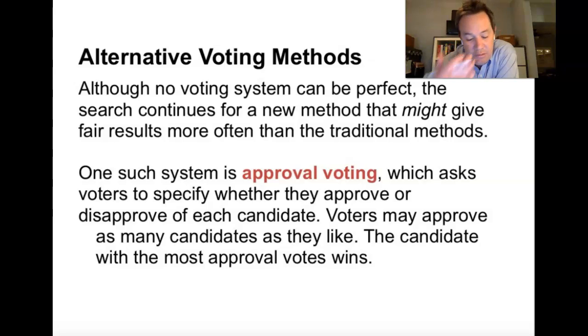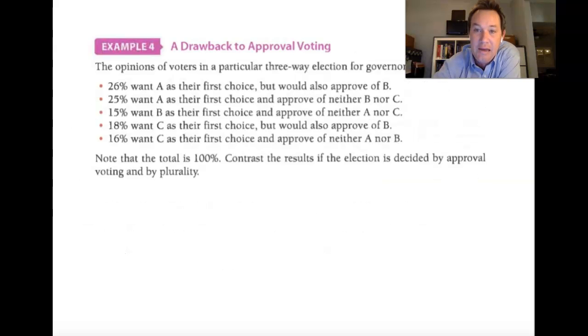They'll ask you to first give your vote for who you'd prefer, and then list who you approve and disapprove of. And then the candidate with the most approval votes wins. So let's look at an example of that.